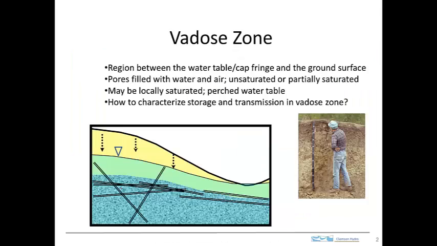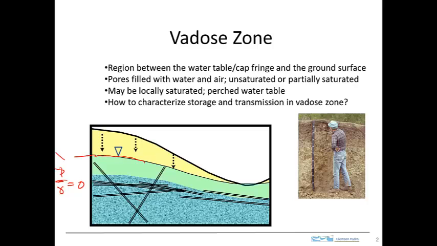So what do we mean by the Vadose Zone? Well, I would call this the region between the ground surface and either the water table or the capillary fringe. So this is the water table, and that's defined as the surface where the pressure head is equal to 0.